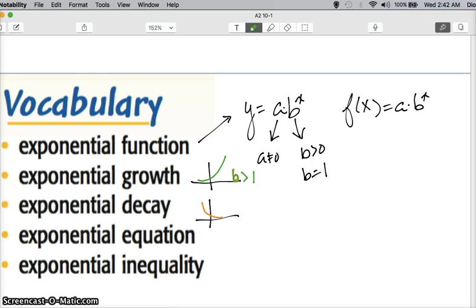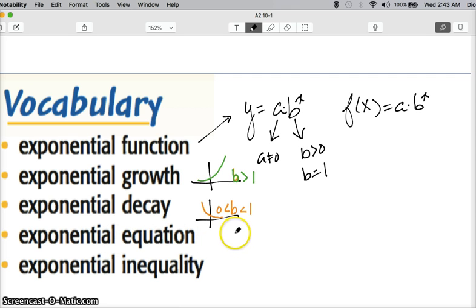However, when the number b is somewhere between 0 and 1, those numbers are fractions. And if I multiply a fraction over and over again, which is what an exponent will do, I'm going to get a decrease. So that's how we can differentiate between the two types of exponential functions.